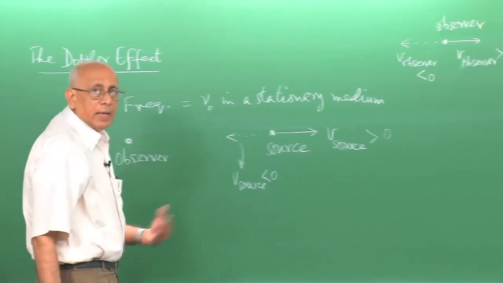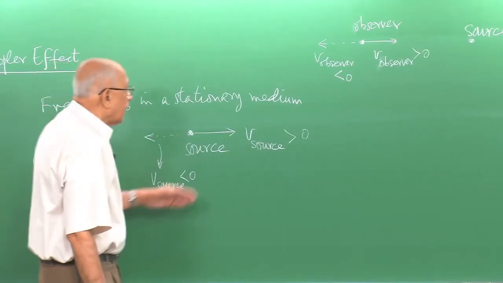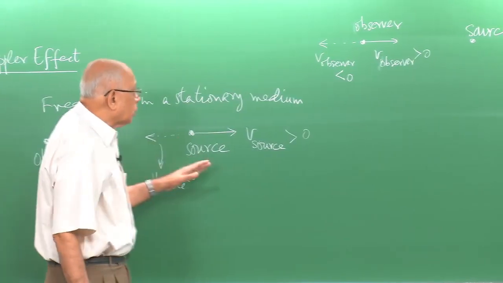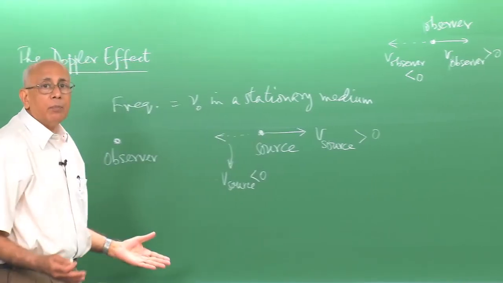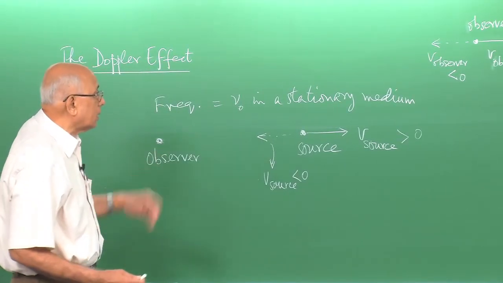Then we have several cases possible. We have a case in which the observer is stationary and the source moves, or the source is stationary, the observer moves, or both of them move with these given velocities here.